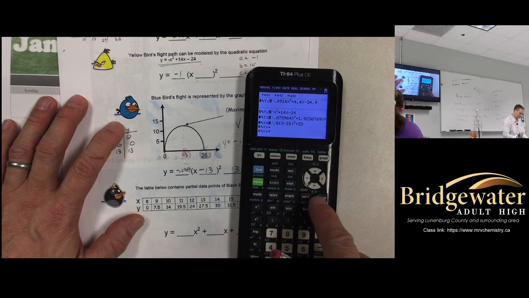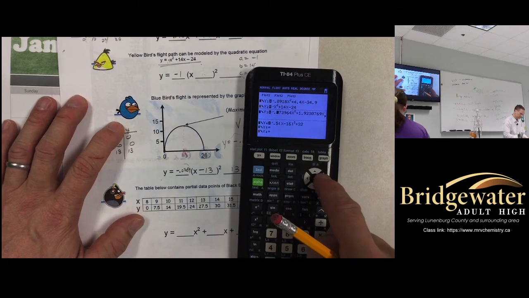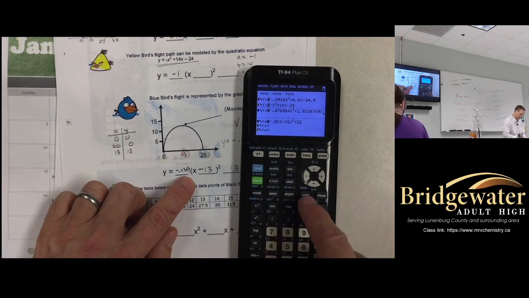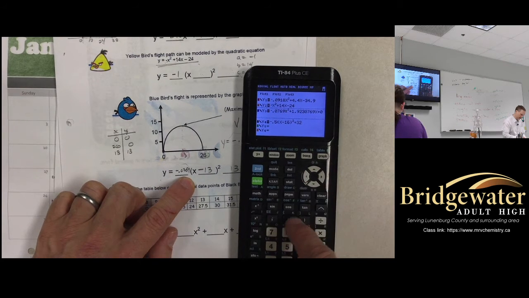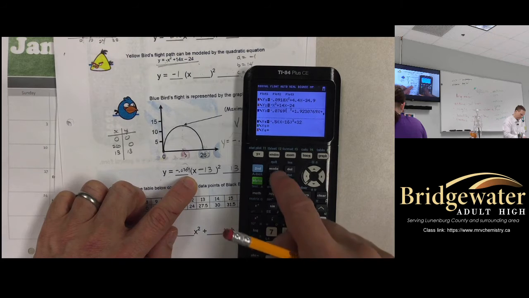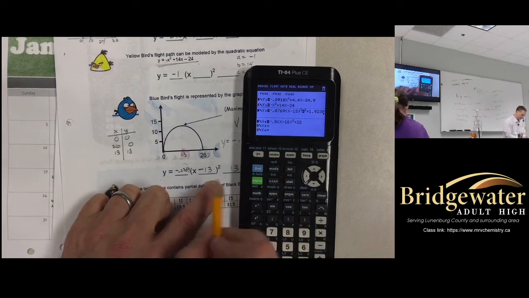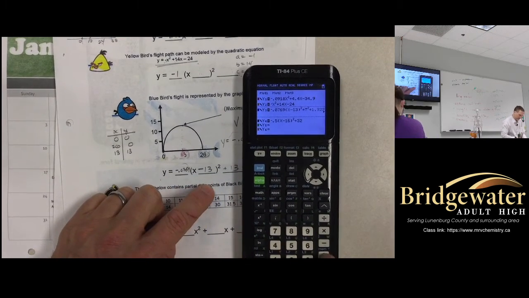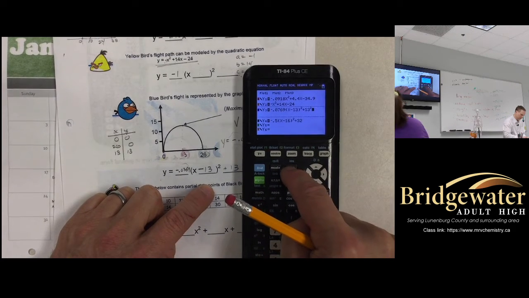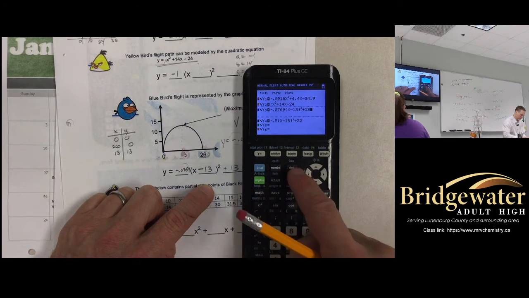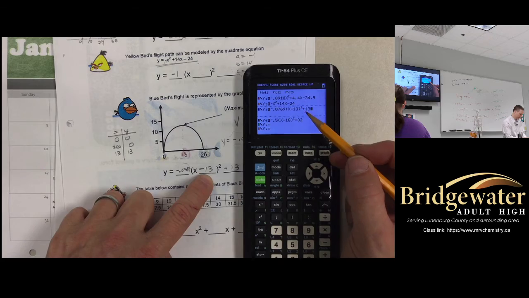Y is equal to, and we got purple, negative 0.0769, and it's not going to be x, it's going to be bracket, x minus 13, bracket all squared, and it's plus 13, and there we go. So bluebird's in there, negative 0.0769 x minus 13 all squared plus 13.